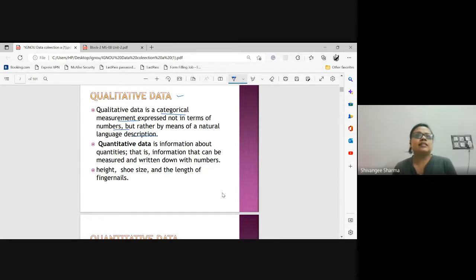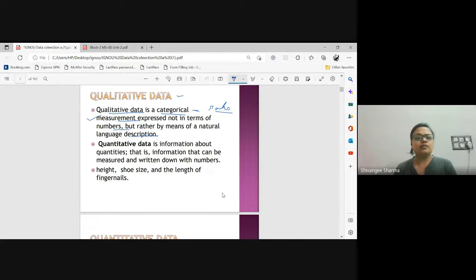So highly satisfied, less satisfied, neutral, dissatisfied, these kinds of words or these kinds of description generally help in collecting qualitative data. So it is basically categorical, right? It's like you are giving ranks for particular product satisfaction and so on. Then that is qualitative data.